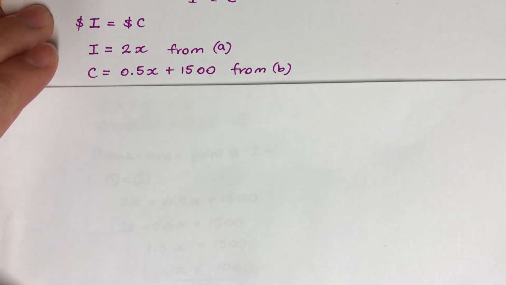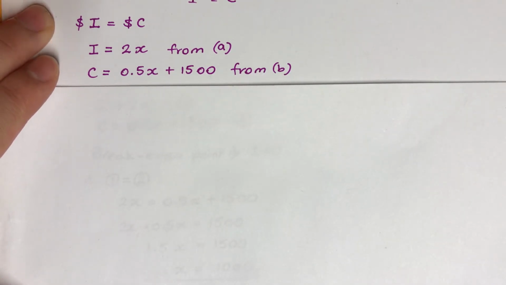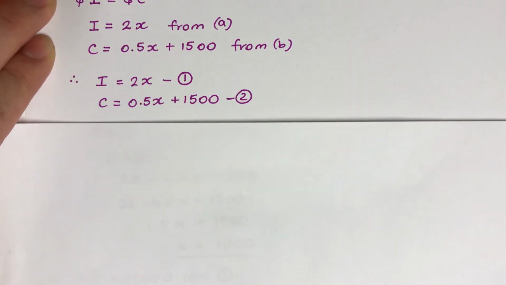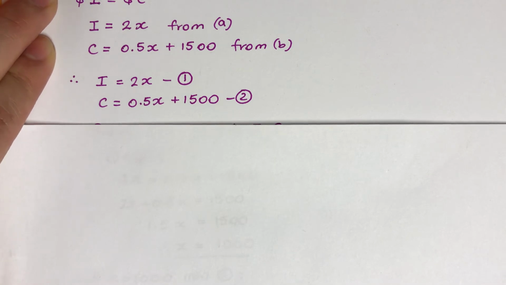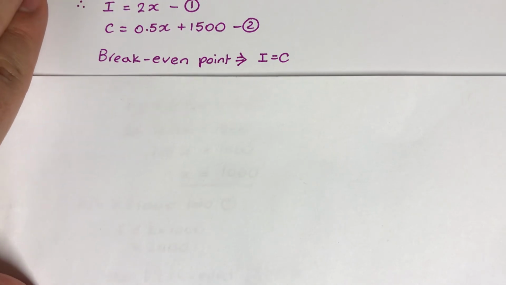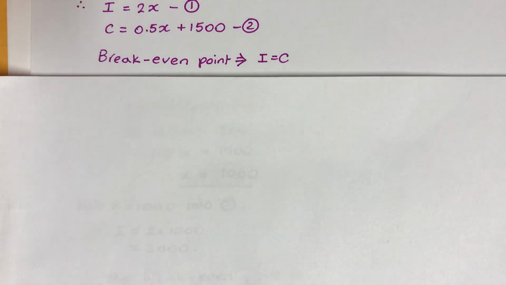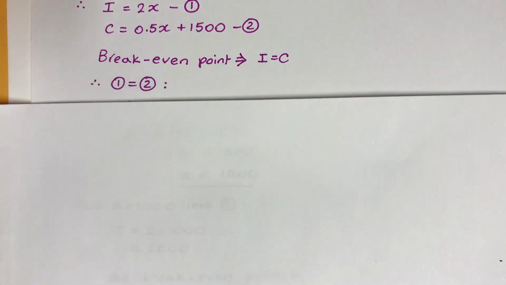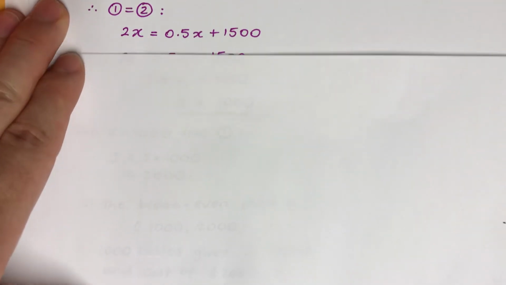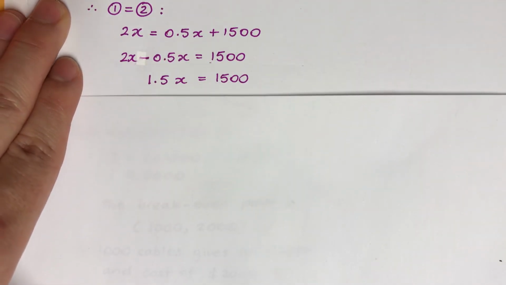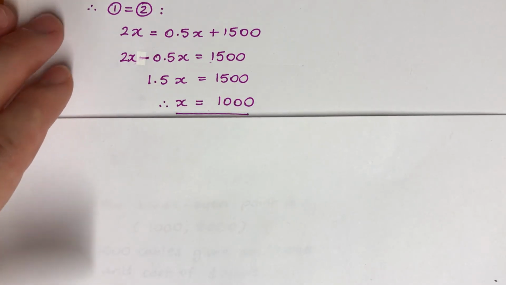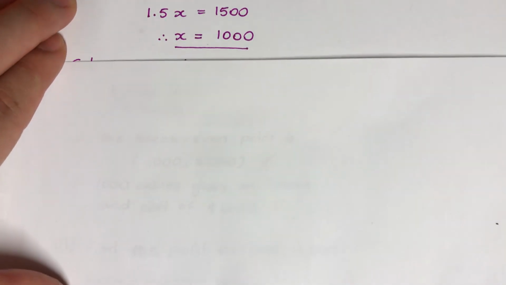And then we got the equations from part A and part B. Now what I'm going to do, I'm going to name those two equations and try to find the X. Since I is equal to C, because that's what the break-even point is, I'm going to solve it for X. I'm just going to show you. So X equals 1,000. That was a simple equation that you just do algebraically.